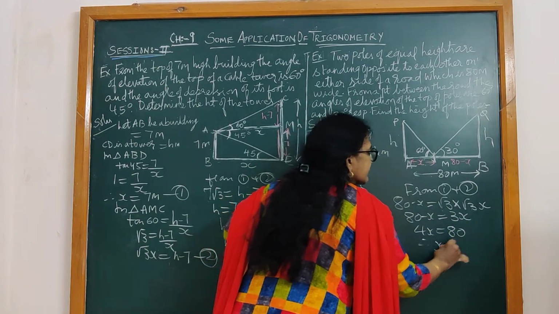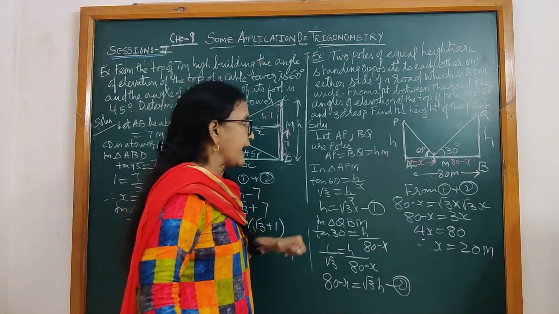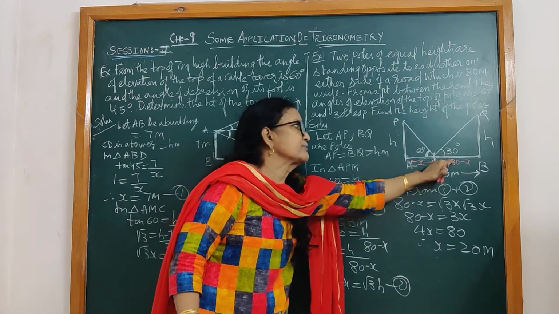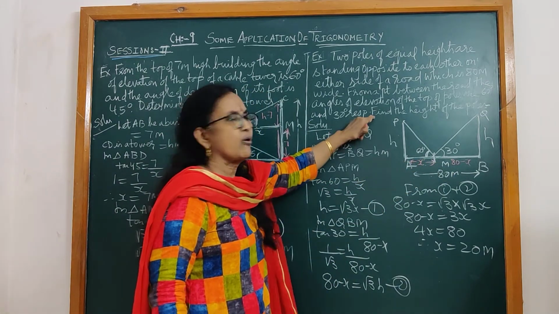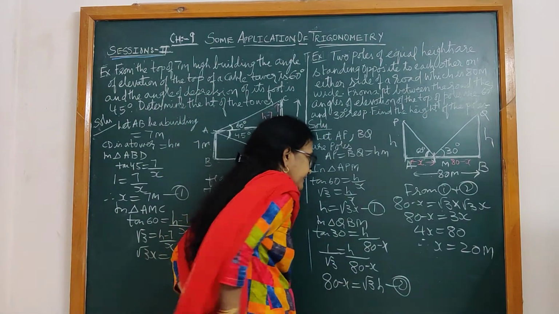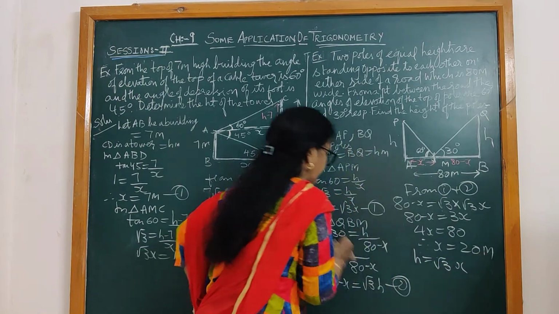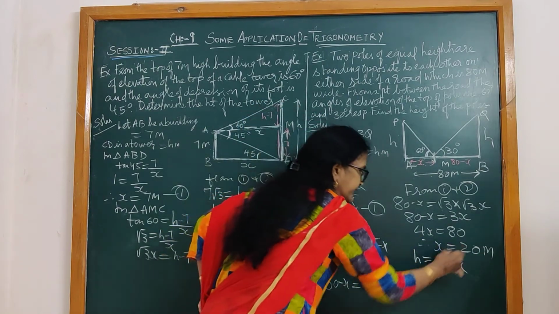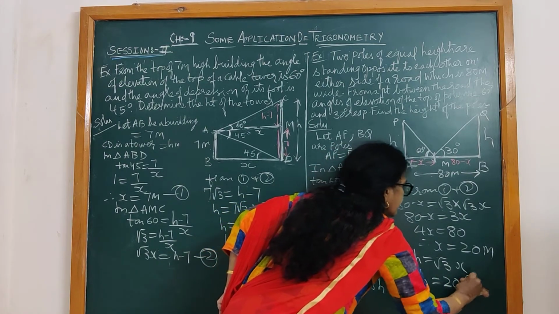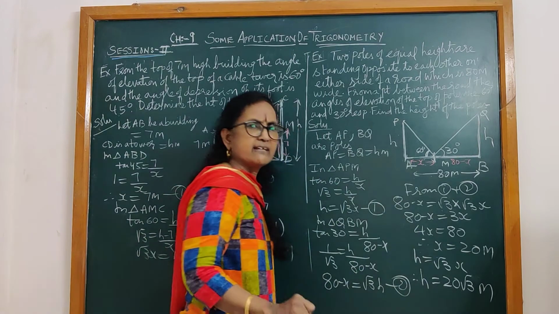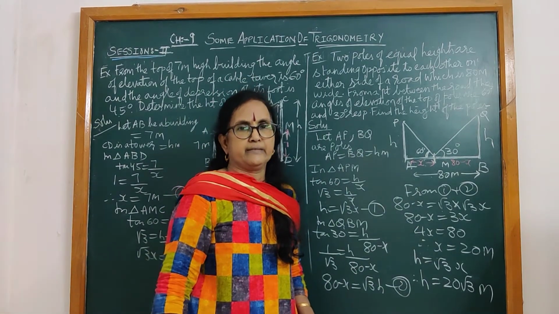Therefore, x is equal to 20 meter. So 80 minus 20 becomes 60. I want to find the height of the pole, so h is equal to root 3 x. From 1, I keep the value of x as 20. Therefore, h is equal to 20 root 3 meter. If you want the exact value, multiply 20 by 1.73.